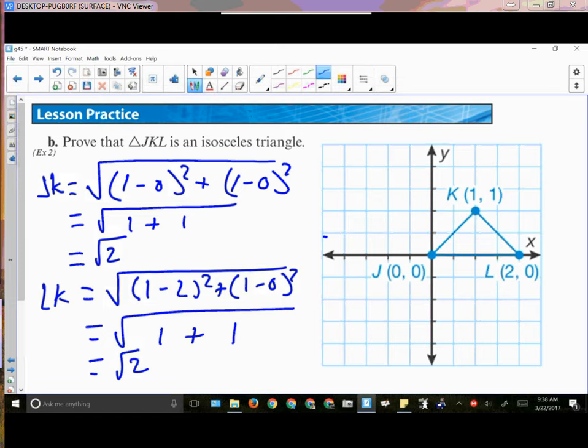So if JK is equal to the square root of 2 and LK is equal to the square root of 2, is JK equal to KL? Have I proved that this is an isosceles triangle? Yeah. Distance formula, coordinates, always is a handy thing to have.